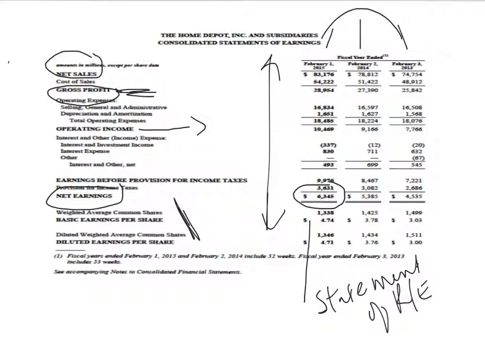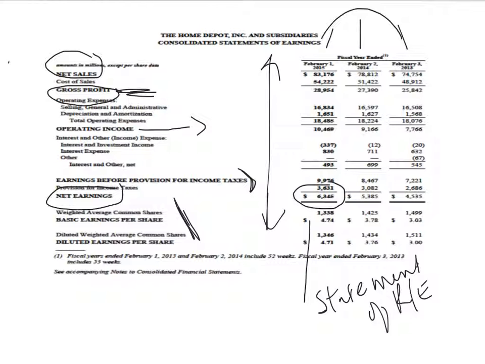So this represents the core business operating profit. And then third, you have the provision, the earnings before income taxes. So we want to know, what are my earnings, what is my tax, and then what is the net of that, which is the fourth piece.